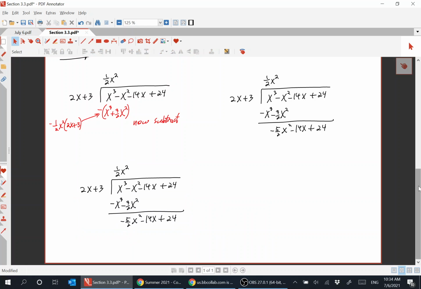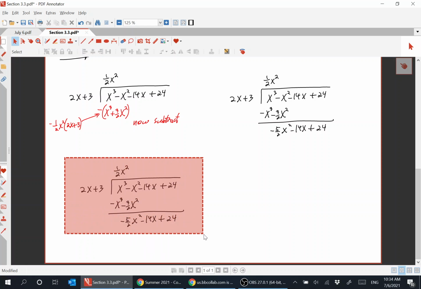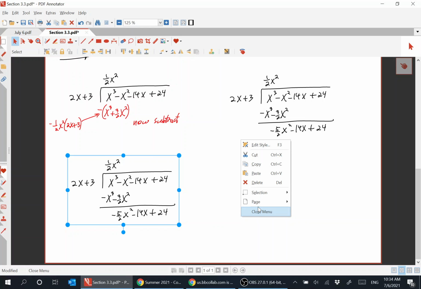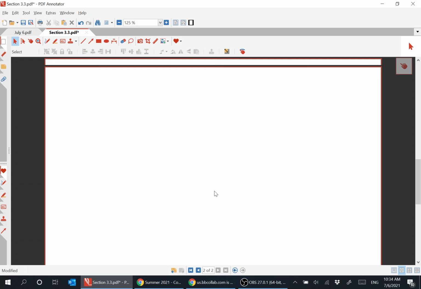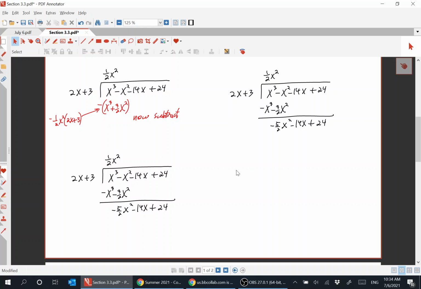What do I need to multiply 2x by to get negative x squared? Well, that would be negative 1/2 x.